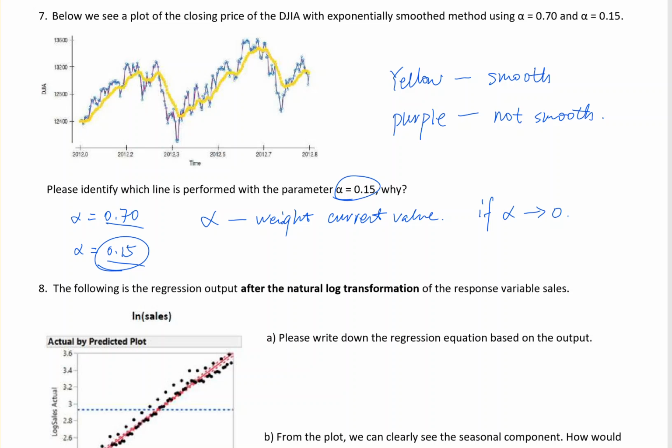Then it will not react to the current value change very quickly, because it's based on the previous values. Then the line will be very smooth. For this case, the smooth one is the yellow one. So if alpha is 0.15, it should be the yellow line. The other way, if alpha is 0.70, it will be more like the purple line.